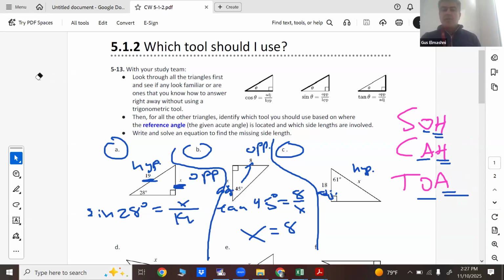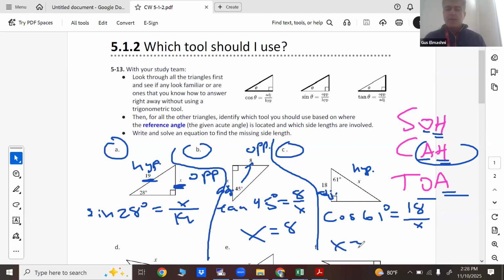So what the calculator does, it's kind of like a table. The calculator has these values stored. Like, they imagine, what if I had a 61-degree angle, and what if the hypotenuse is 1 or whatever? What would the other sides be in relation to that? So it's looking at the ratios of sides. That's all it's ever doing. So cosine 61 degrees equals 18 over x.